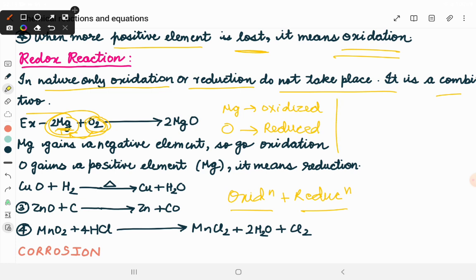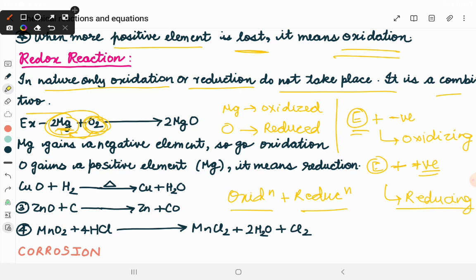Always keep in mind, when we add something negative to any particular atom, we are oxidizing that, and when we are adding something positive to that atom, we are reducing. Think of this situation.